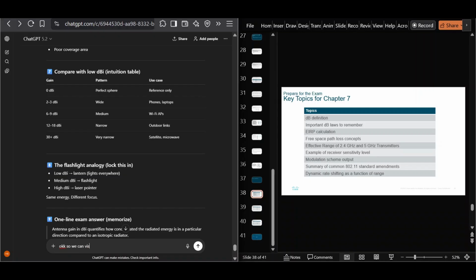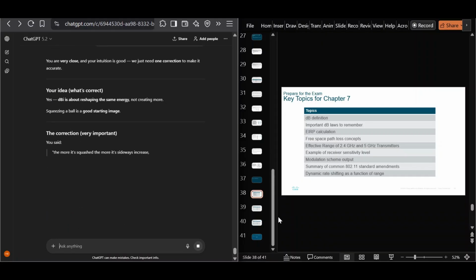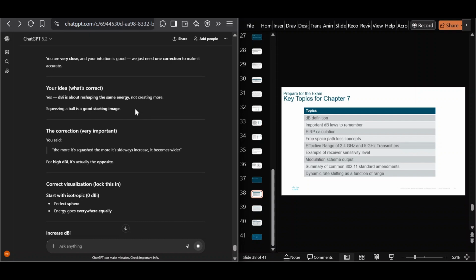So we can visualize dBi as a ball being squeezed. The more it is squashed, the more its sideways extent shrinks.